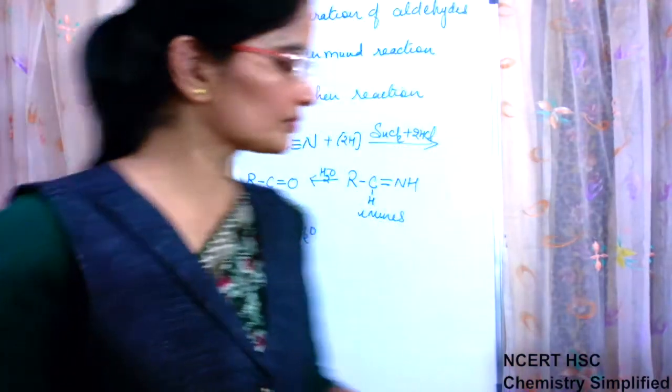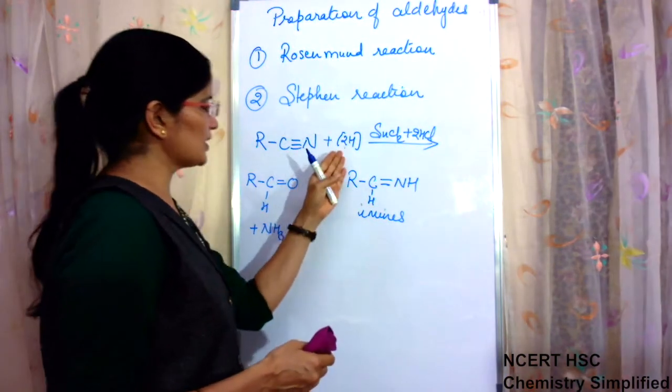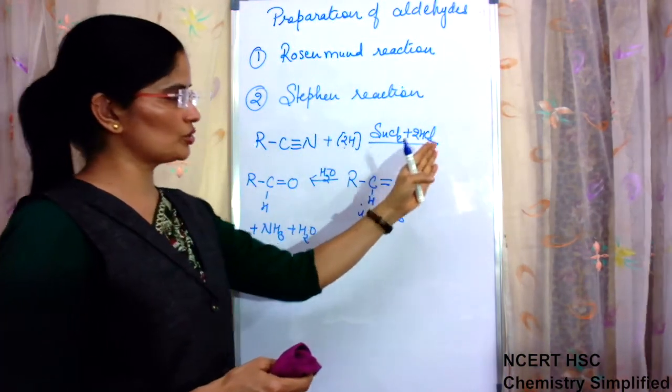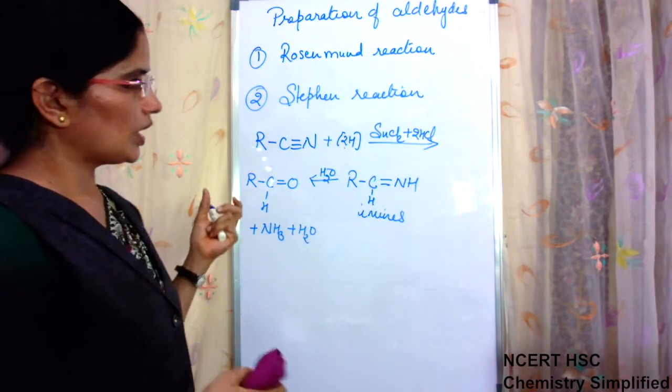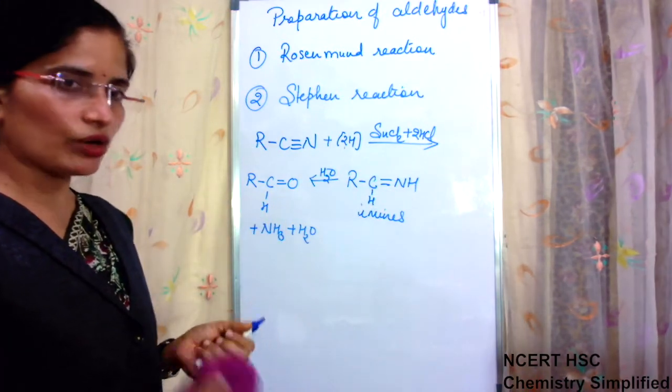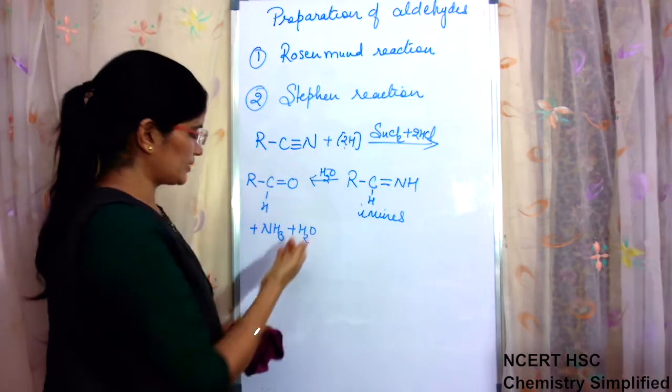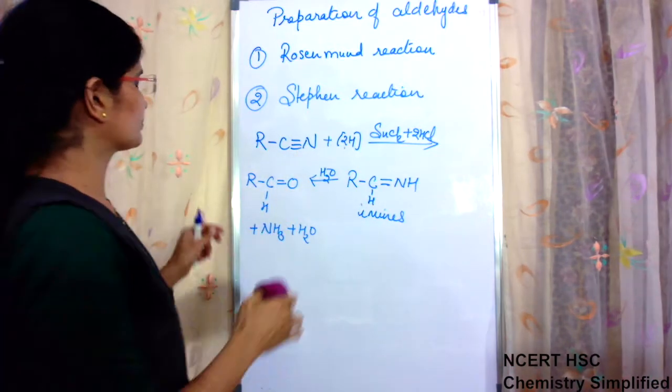Now, here the reducing agent used is SnCl2 plus 2HCl. Other reducing agents can also be used to convert nitriles into aldehyde.